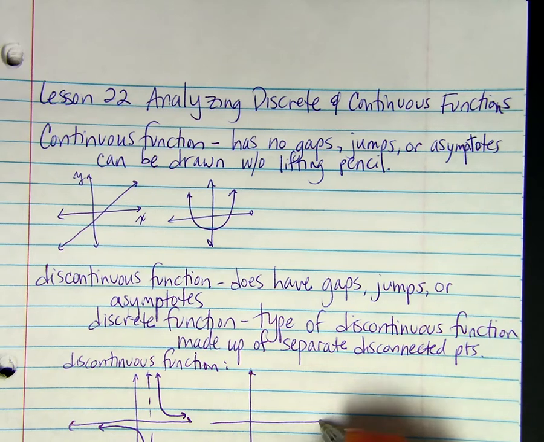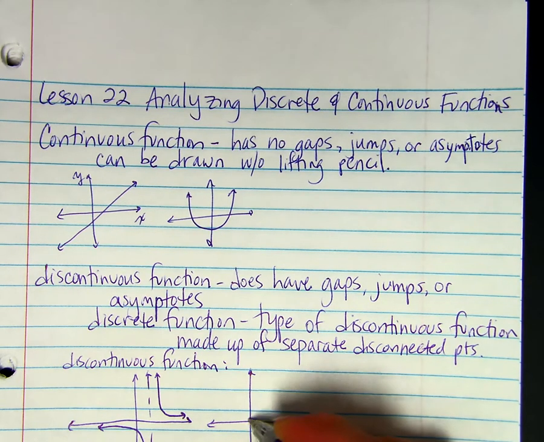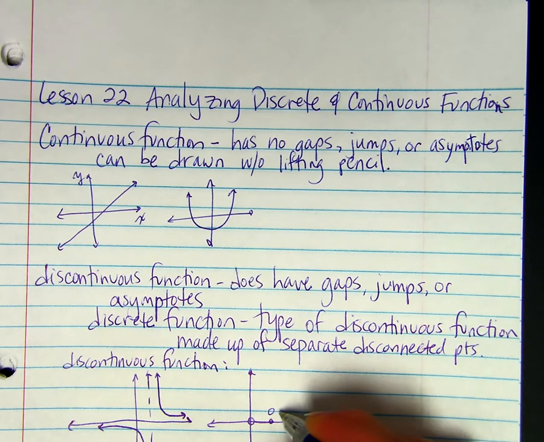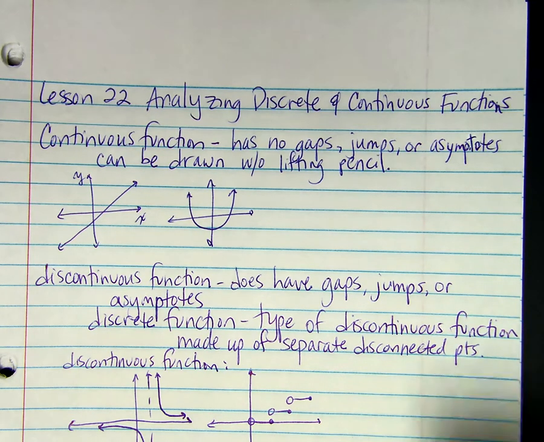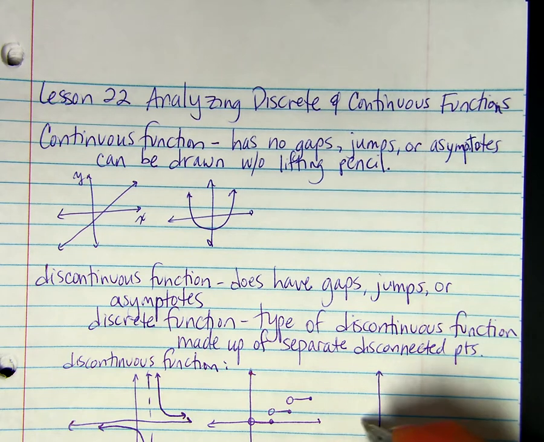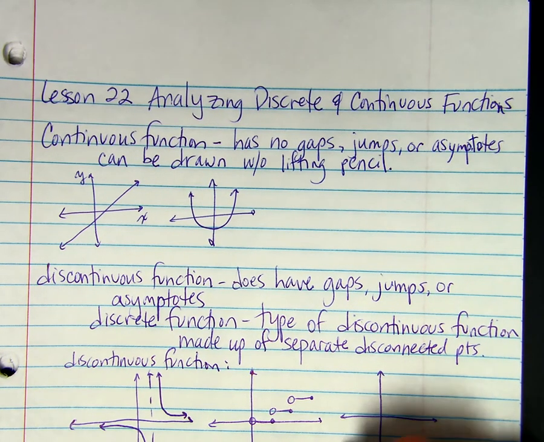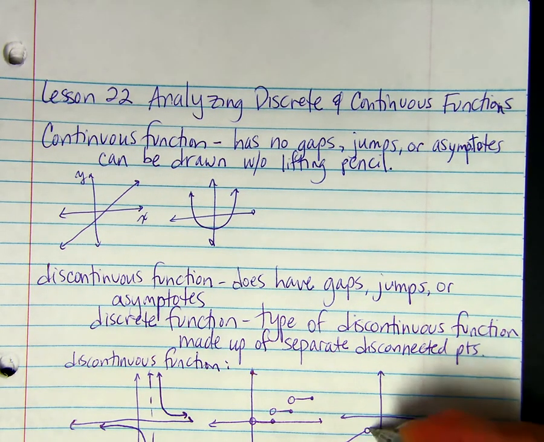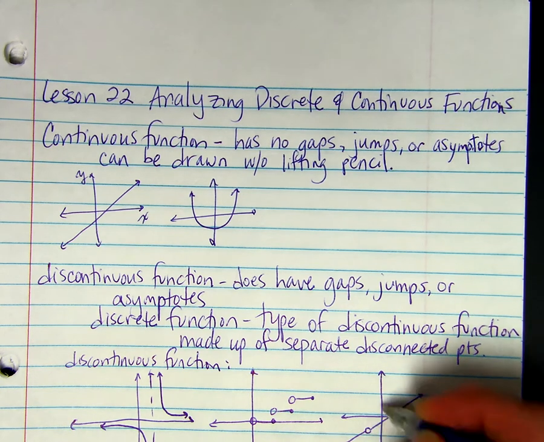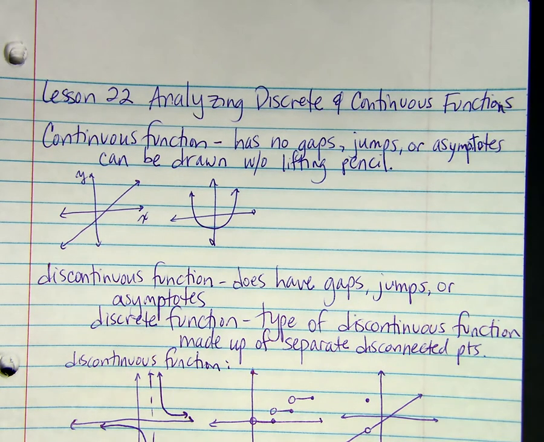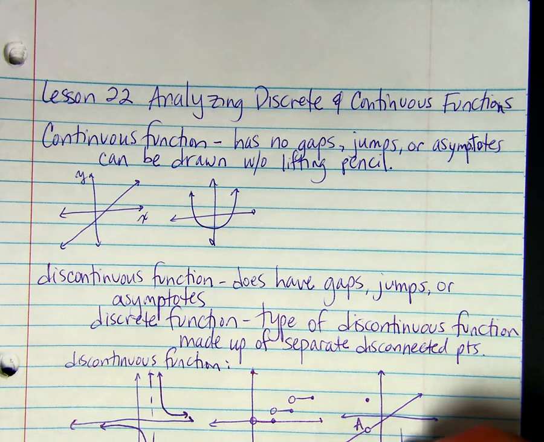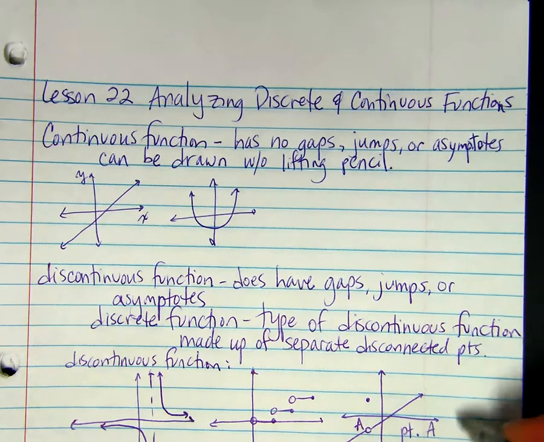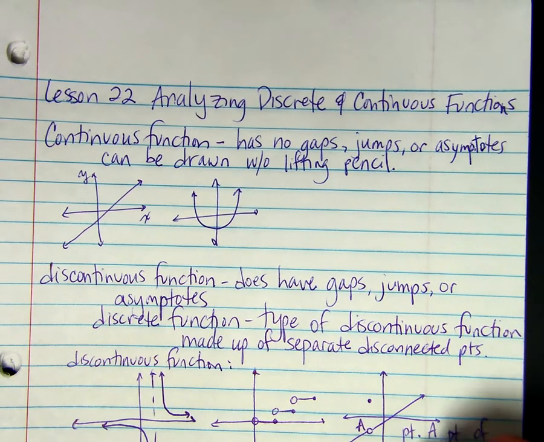A step function would be considered discontinuous. If you have a line that has an open space, and maybe that dot is up here for that number, this would be a discontinuous function, and this particular point, we'll call it A, is called the point of discontinuity.